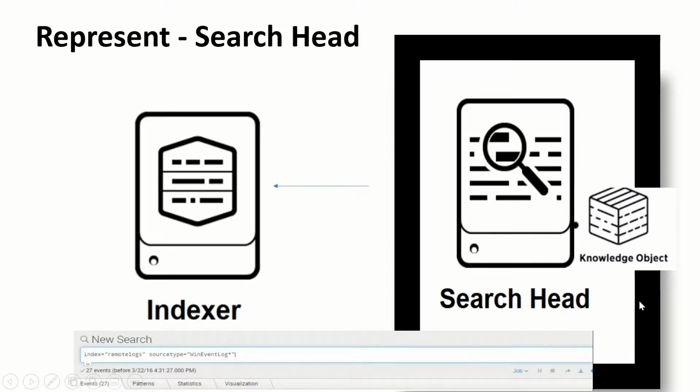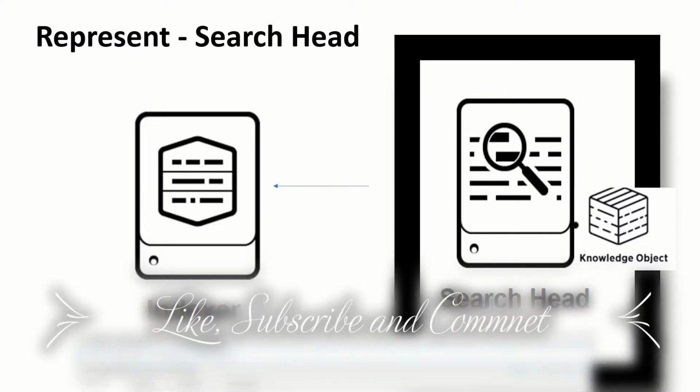Any user who has access to Splunk can search the data and represent the data in any form they want. This is the crux of your whole environment, where you get meaningful information from the data and represent it in whichever form you want.